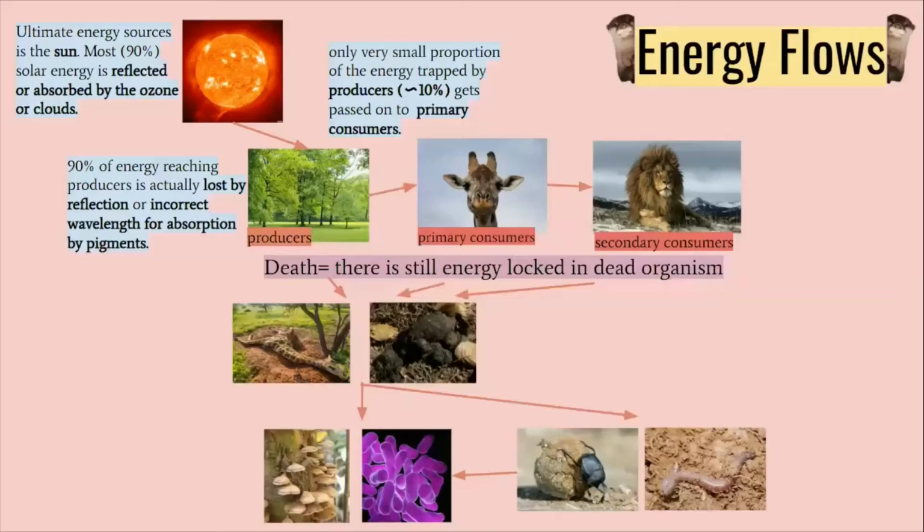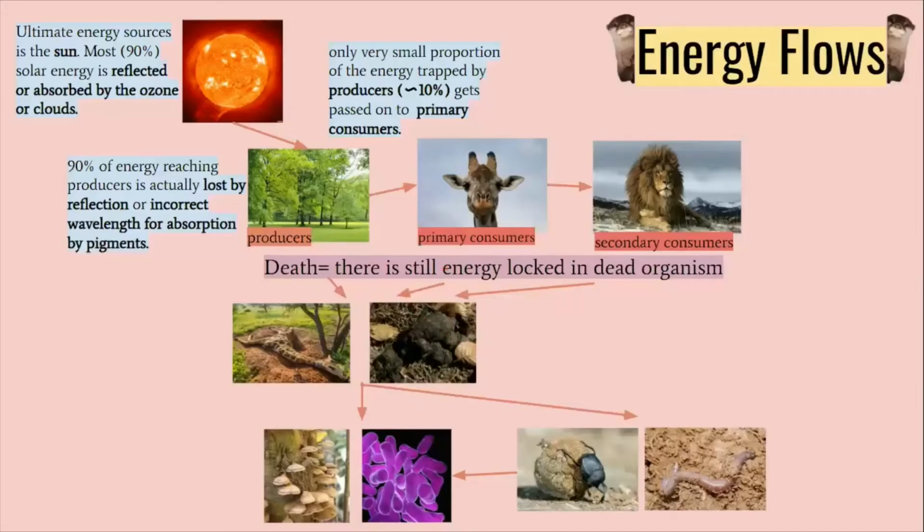We also know not all the parts of the giraffe are going to be eaten by the lion. The giraffe will also excrete certain molecules like urea, which is not going to be utilized by the lion. So again, there's a loss of energy from the primary consumer to the secondary consumer.